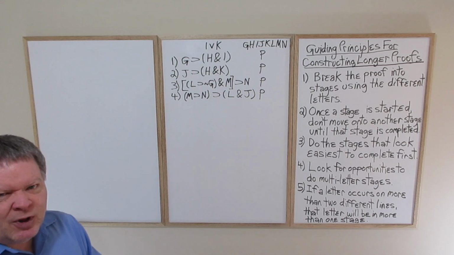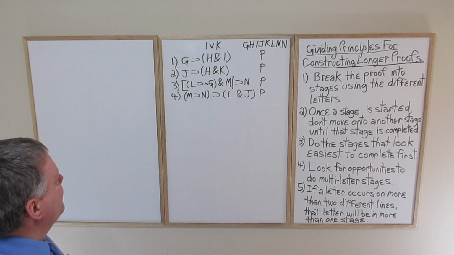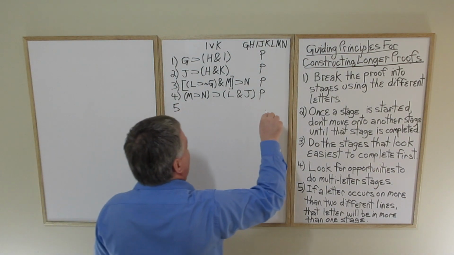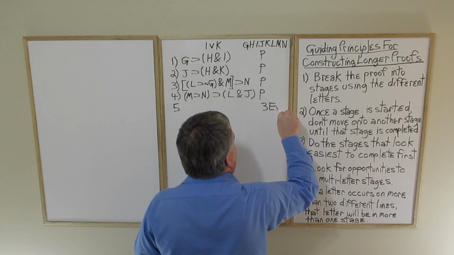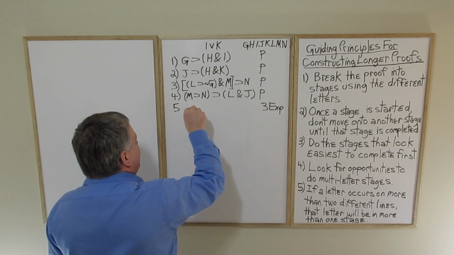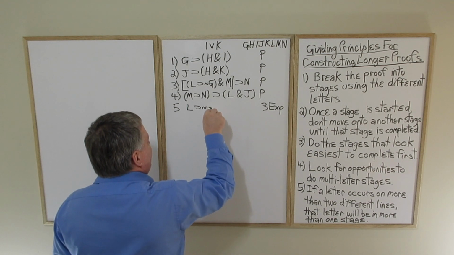Hopefully, you spotted the strategic way to start the proof. This is to do an exportation on line 3, which is going to give us L horseshoe tilde G.